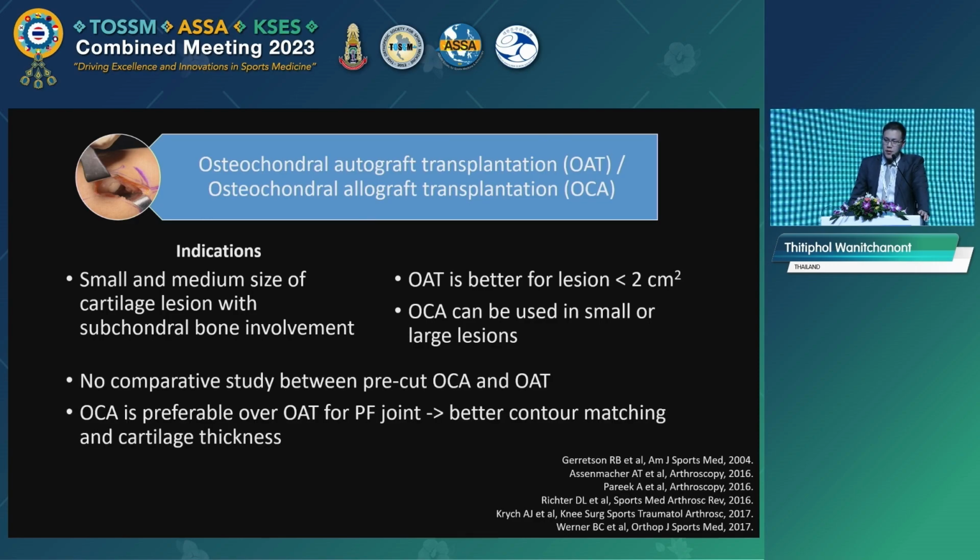For the results, there is no comparative study between pre-cut OCA and OAT nowadays. But OCA is preferable over OAT for the patellofemoral joint because it has better contour matching and we can choose the cartilage thickness to match the patellofemoral.